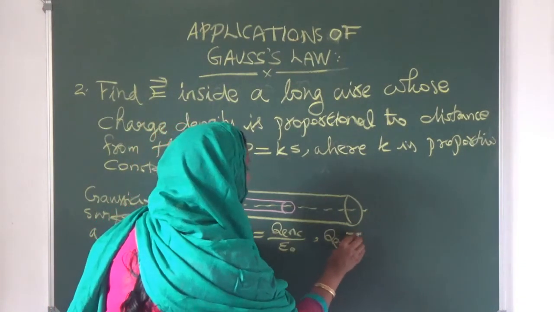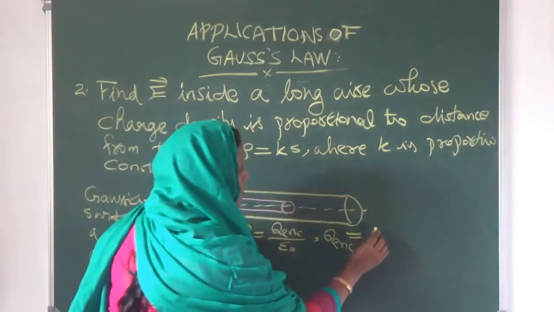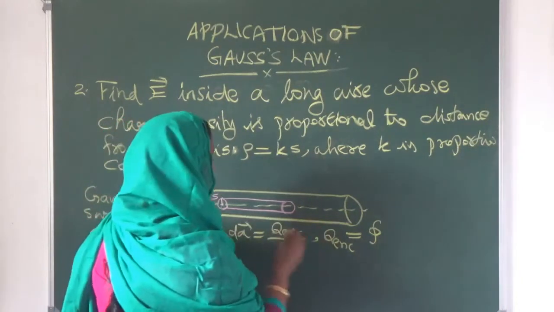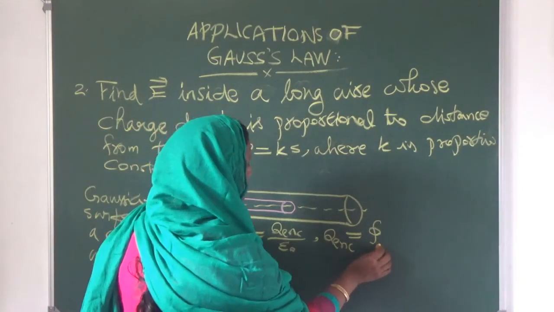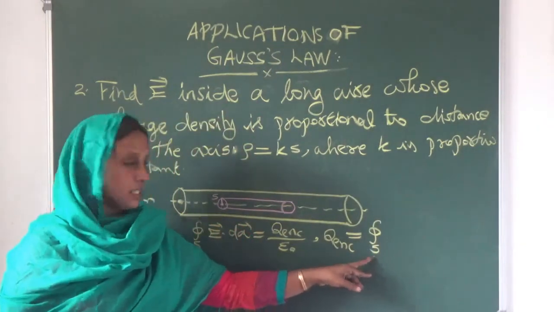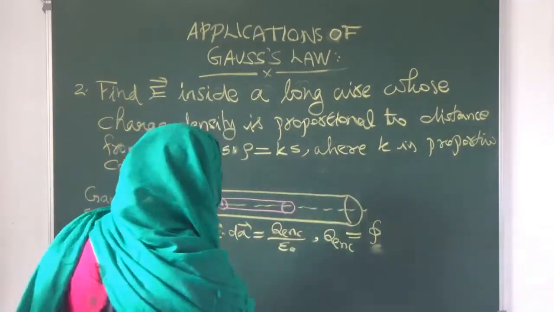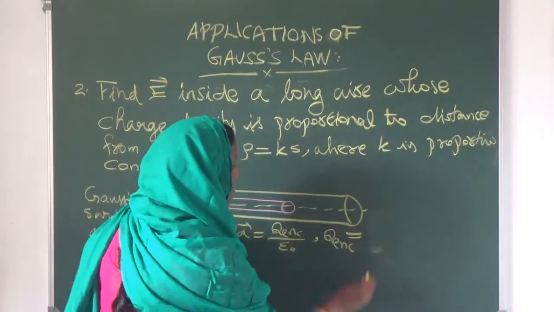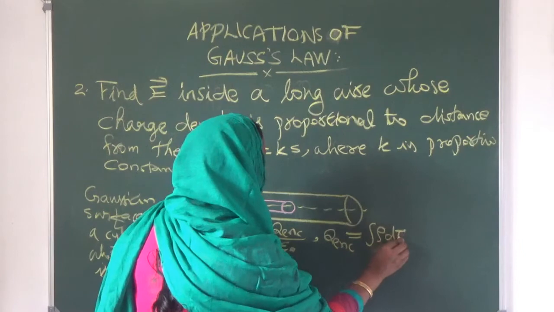Okay, Q enclosed is given by the integral over the Gaussian surface. So we have to find the charge enclosed, that means we have to find the integral of rho d tau.